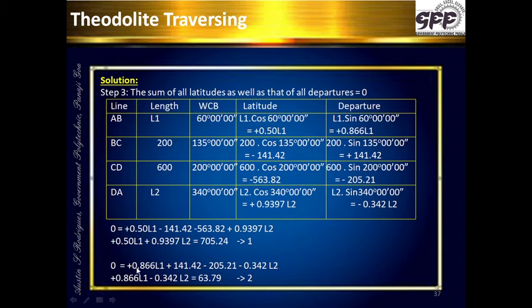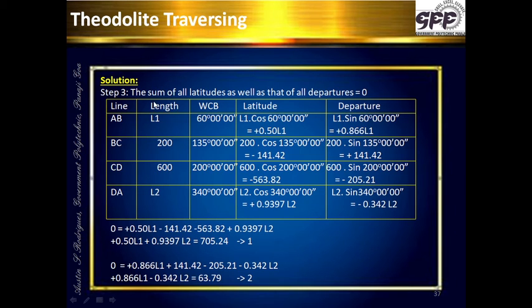For equation number 2, the departure is put equal to 0. The unknown terms 0.866 L1 and minus 0.342 L2 remain, and the rest move to the other side, giving 63.79. So equation number 2 is 0.866 L1 minus 0.342 L2 equal to 63.79.